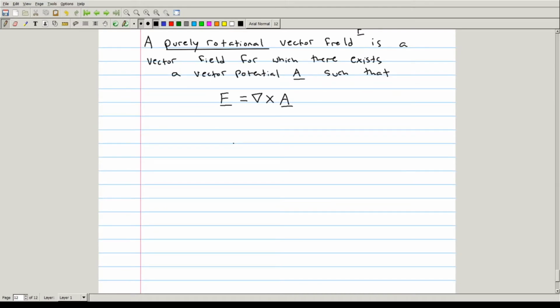So a similar theorem to the above theorem for conservative vector fields applies for this purely rotational vector field as well, only it's reversed in some sense. It uses the divergence.